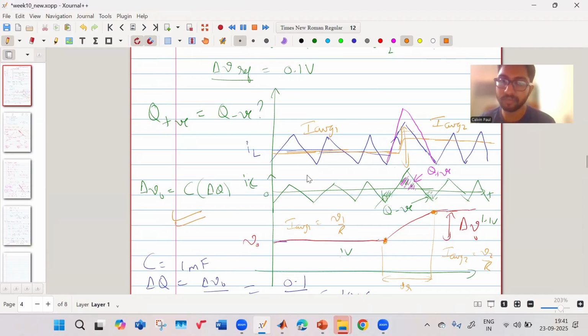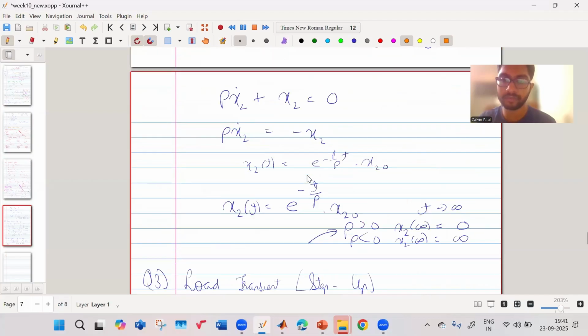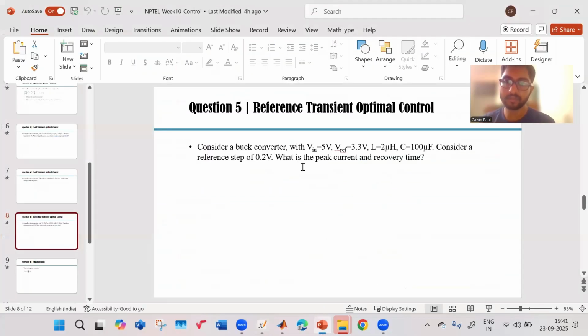Like this scenario. So in our question, input voltage is 5 volt, output voltage is 3.3 volt. L and C values are fixed. So we have to consider a reference step of 0.2 volt. And we have to find the peak current and recovery time.